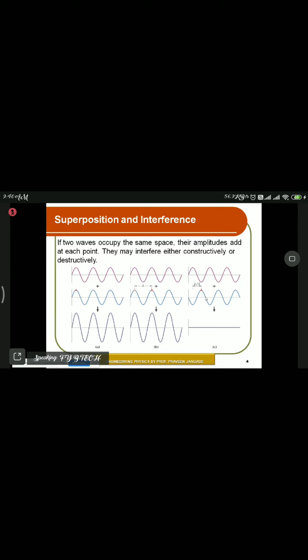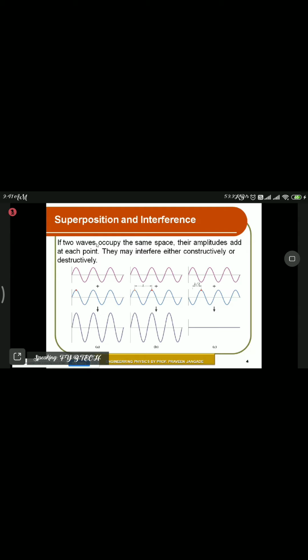Here we have considered two light waves, represented by different colors: one is purple, another is blue. The first two diagrams, A and B, indicate that these two waves are in phase. In phase means you can see the starting point of the first wave and the second wave are the same. So there is no phase difference between these two waves.